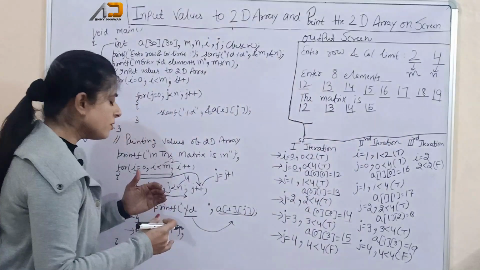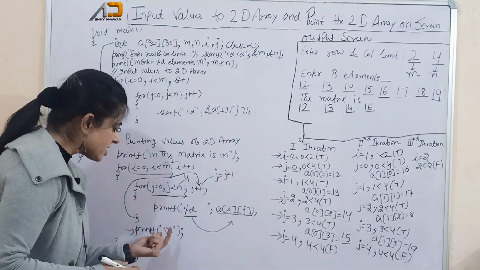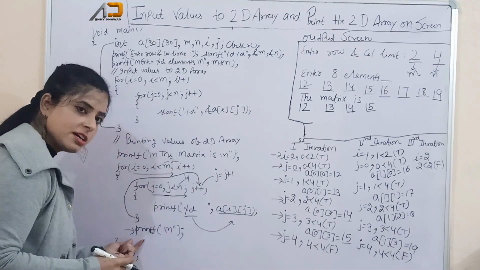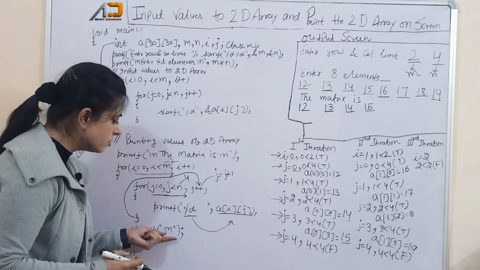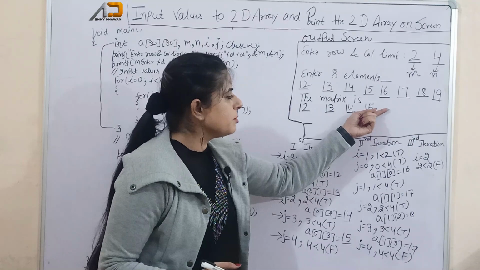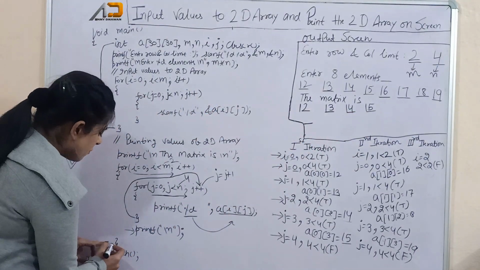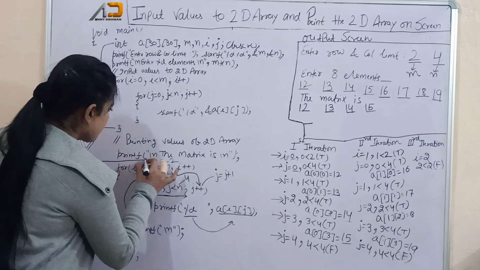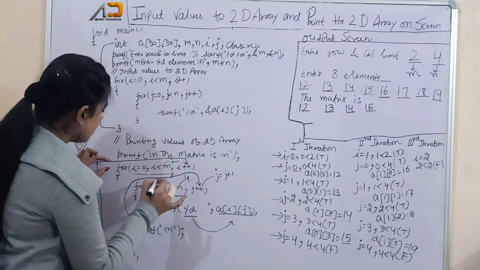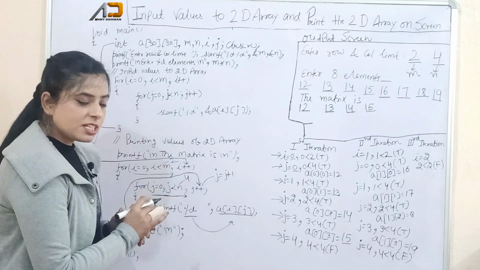So we can move the cursor to the beginning of the next line by using the backslash n escape sequence in the printf function. So I have written a printf function here to move the cursor from the current position to the beginning of the next line. Now from this point, control moves to the jump part of this for loop, and what is the statement in this jump part?